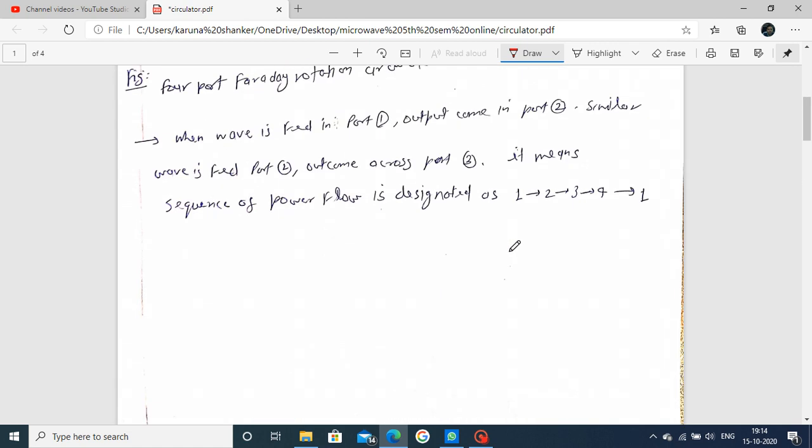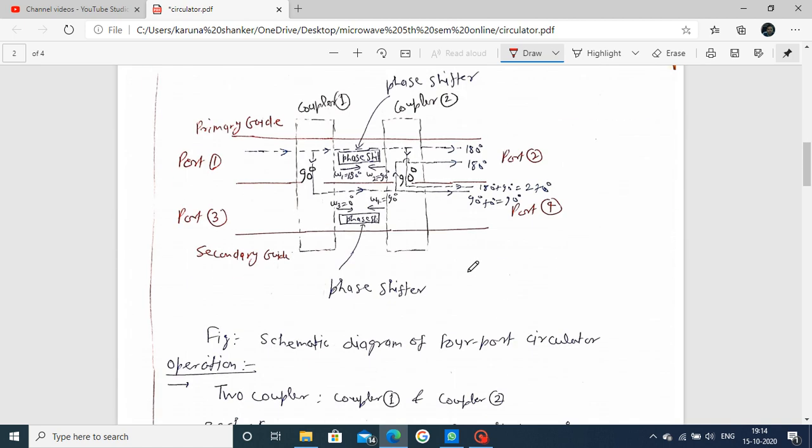Here we use a phase shifter, such as a ferrite material.